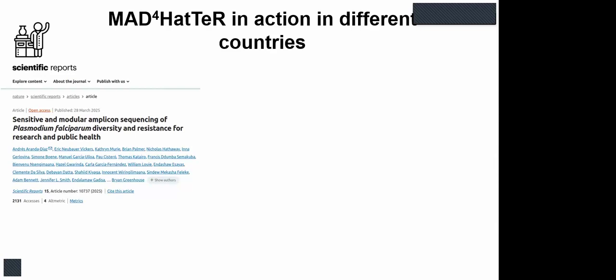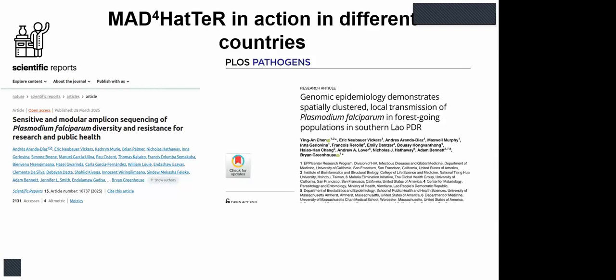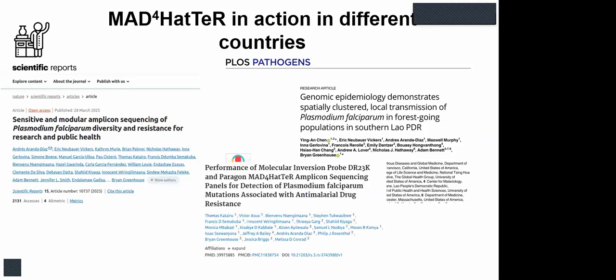This is the paper for the pipeline, which is in Scientific Reports. And then we also have researchers from Southern Laos who have used this to understand genomic epidemiology of spatially clustered local transmission of Plasmodium in forest-going populations in Southern Laos.